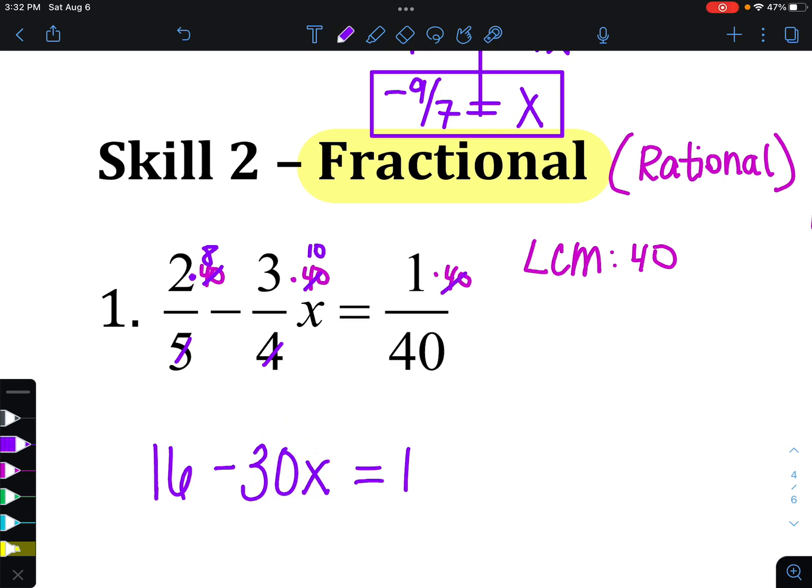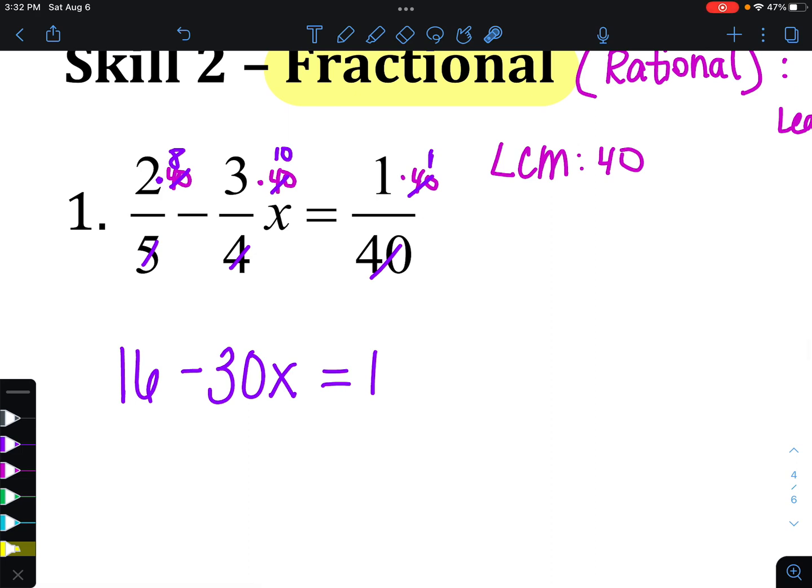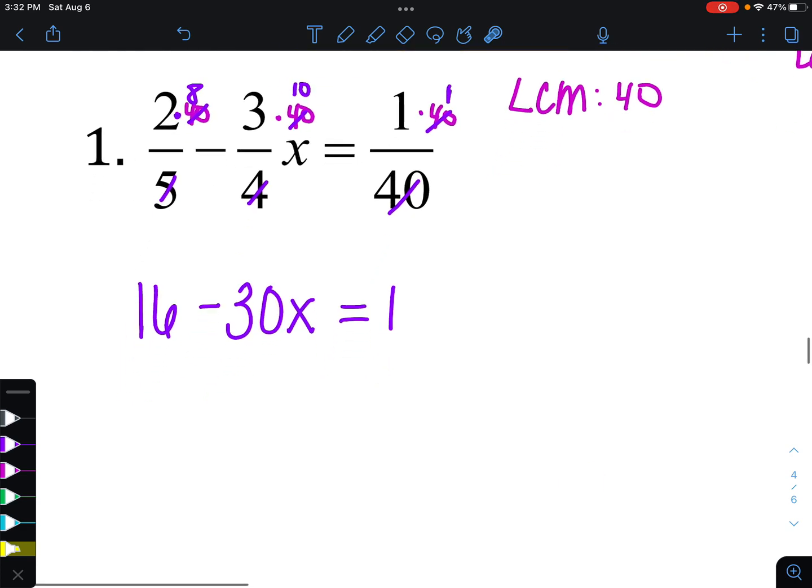And then we have 40 divided by 40 is 1, 1 times 1 is 1, right? So you can multiply, show your work, whatever makes sense to you. But either way, when you multiply by the least common multiple, look at how we go from this messy equation with all these fractions to this way easier linear equation to solve.